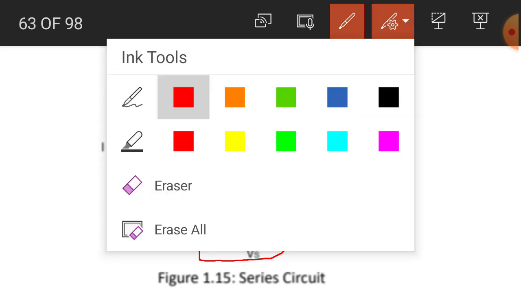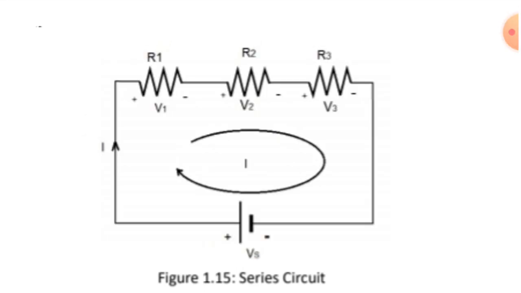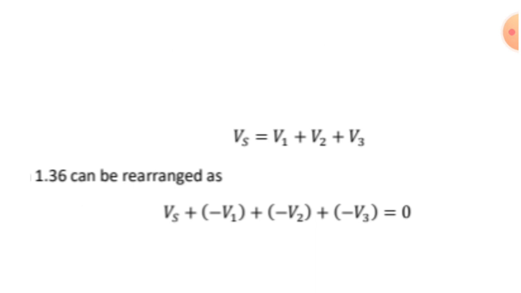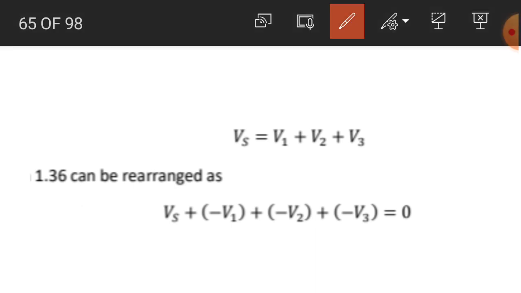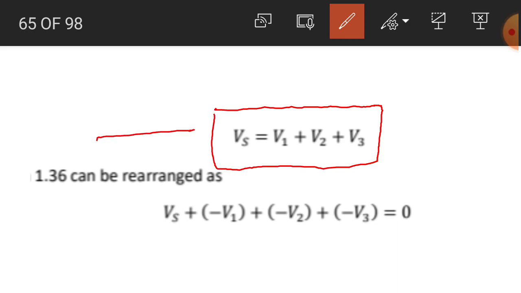So according to KVL, the sum of the voltage rises in this loop will be equal to the sum of the voltage drops. So Vs will be equal to V1 plus V2 plus V3.